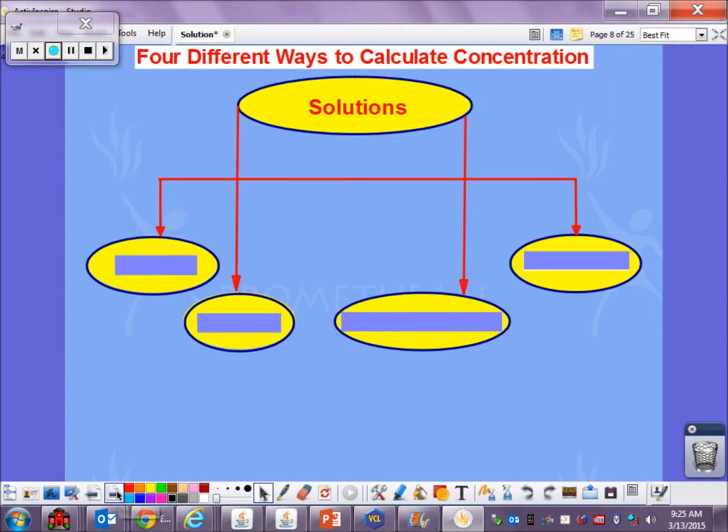Supersaturated. We also learned last year 7 different ways to quantitatively express concentration. Those you need to know. Molarity is the number of moles of solute per liter of solution.